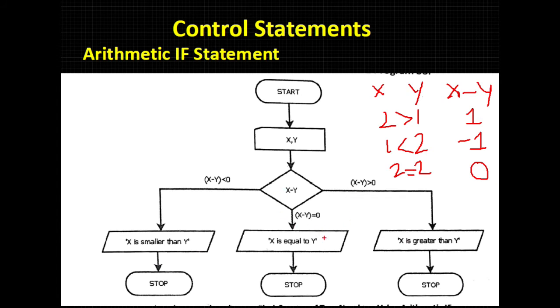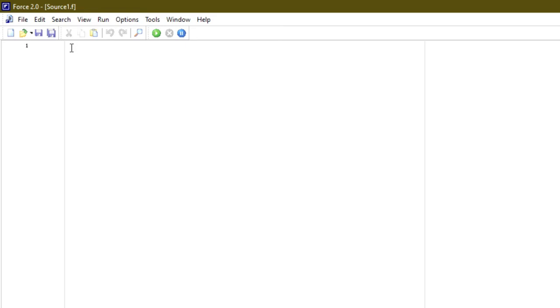So let us open Fortran. We will start with program, and the name of the program as AIF. AIF means arithmetic if, and at last, end program.